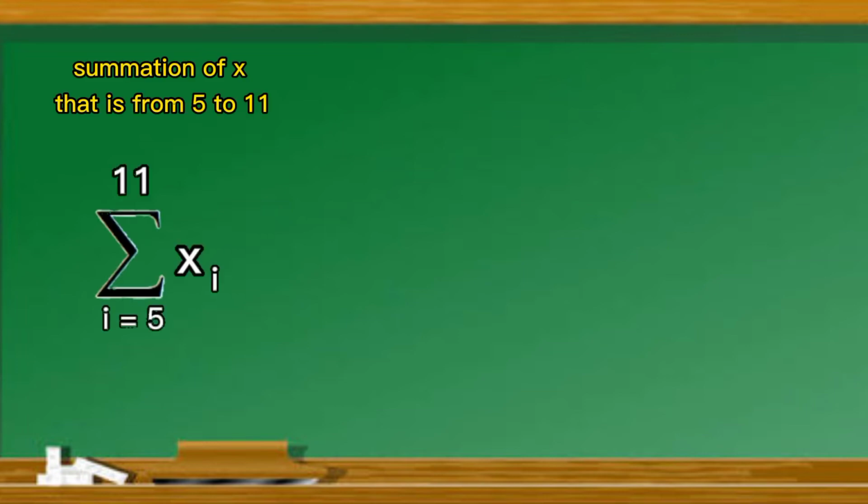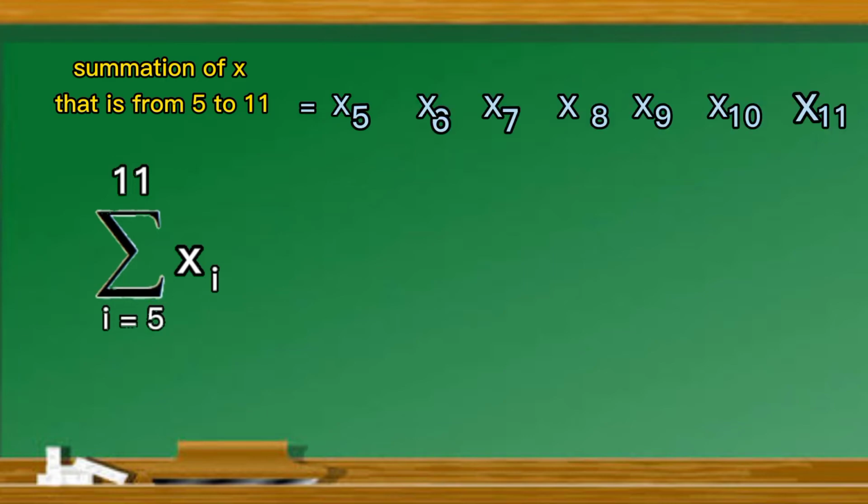Let us try another example. So ito class, here we have the summation of x that is from 5 to 11. So all in all, we have 6 terms ulit. Kasi, nagsimula siya sa 5 hanggang sa 11. So, nagsimula tayo sa x sub 5 hanggang sa x sub 11.